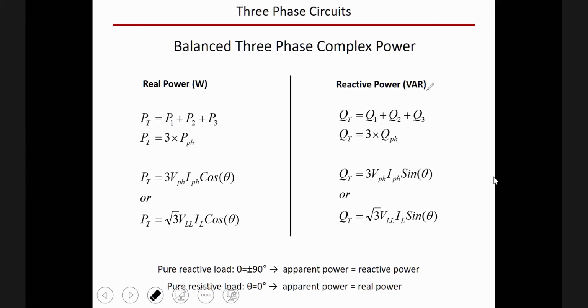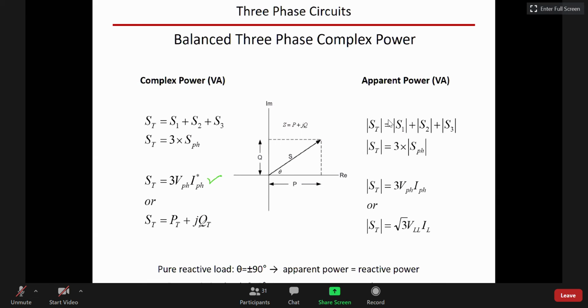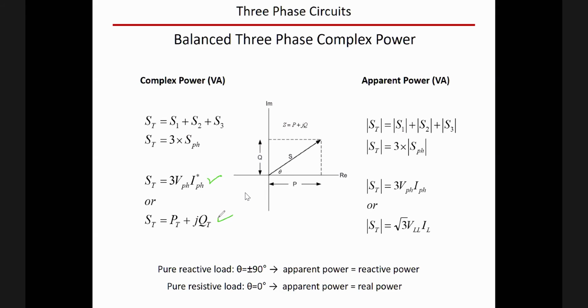For the apparent power and complex power, again, similarly, but the main difference is that for complex power, we can use the phase quantities. So the complex power will be 3V phase I phase conjugate phasor quantities, or we can use the calculated total real power and total reactive power to find the complex form of the power.